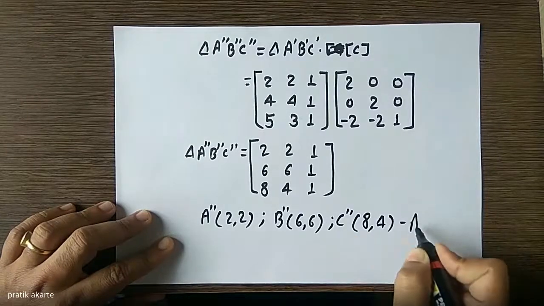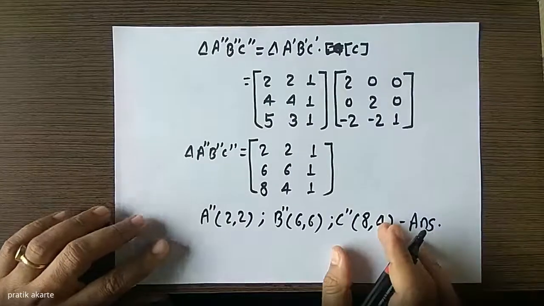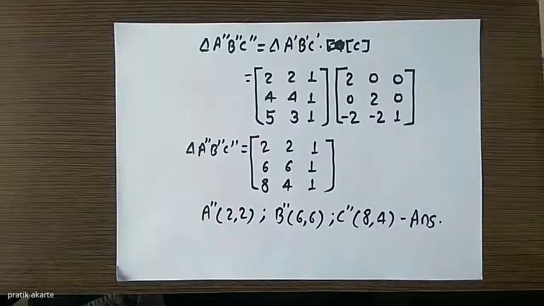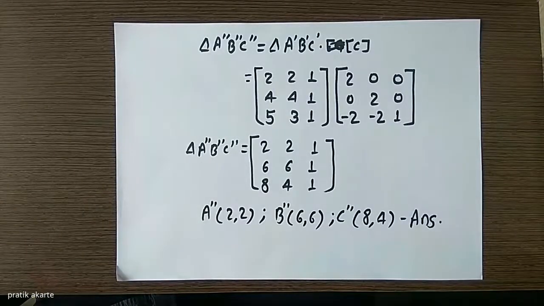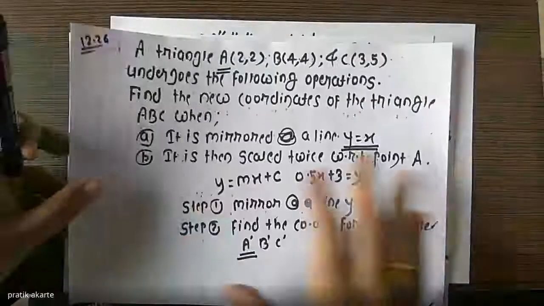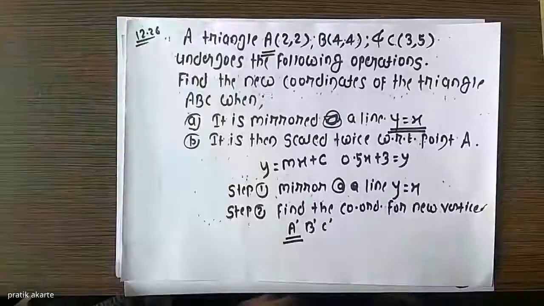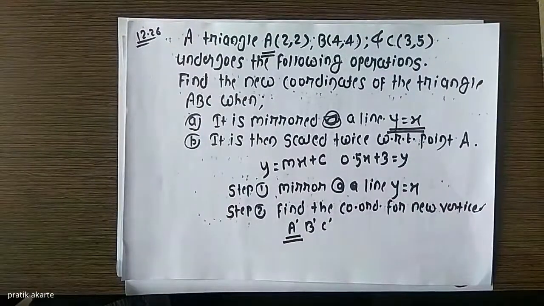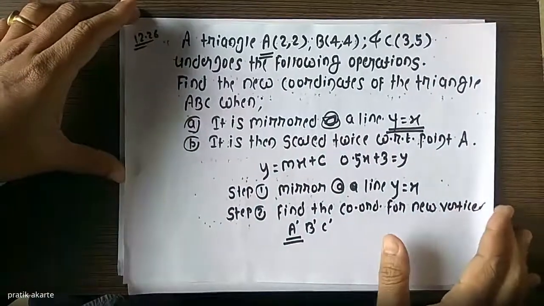So this is your answer. Let us take a quick recap of what we have done so far for solving this problem. We are given a triangle A 2, 2, B 4, 4, and C 3, 5, which has to undergo the following operation.